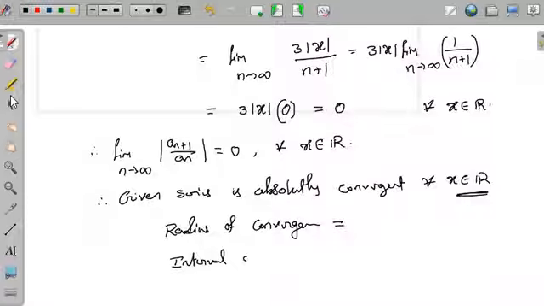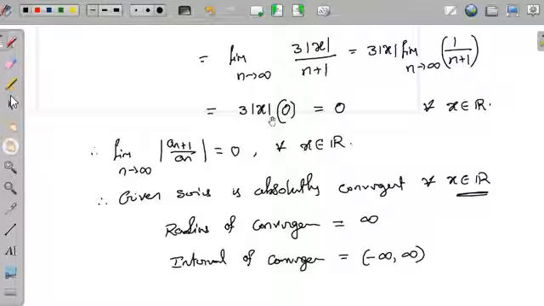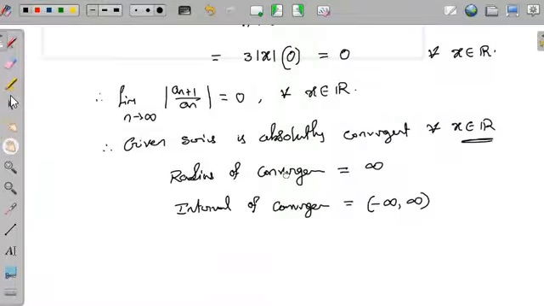The interval of convergence is minus infinity to plus infinity. So what is its radius now? It's going to be infinite. The radius of convergence is infinite, and the interval of convergence is the entire real line, that is negative infinity to positive infinity.